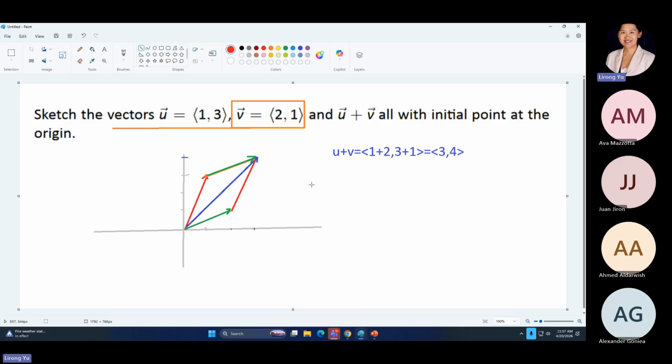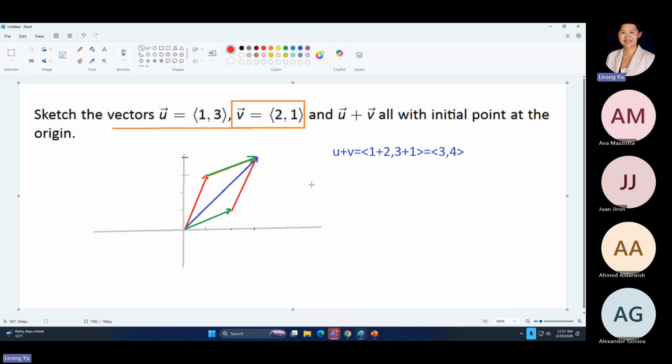So it turns out the summation of the two neighboring vectors is longer. It is a diagonal of the parallelogram, right? So this vector. This is one way to look at it.